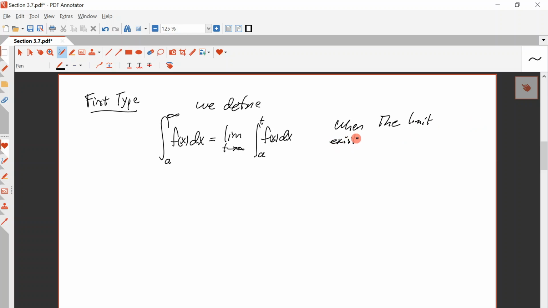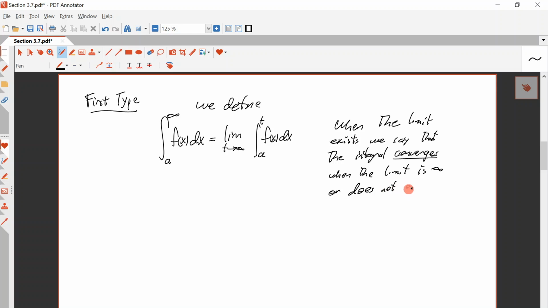we say that the integral converges. When the limit is infinity or does not exist, we say that the integral diverges.